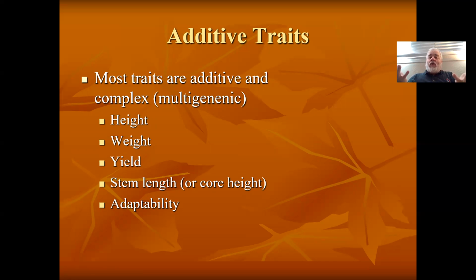It's not just this or that, black or white, red or pink. It's not so simple. And so it takes many genes, multigenic, in order to get what we call the phenotype, or the visible type of plant or human or fish, and see what it really looks like.